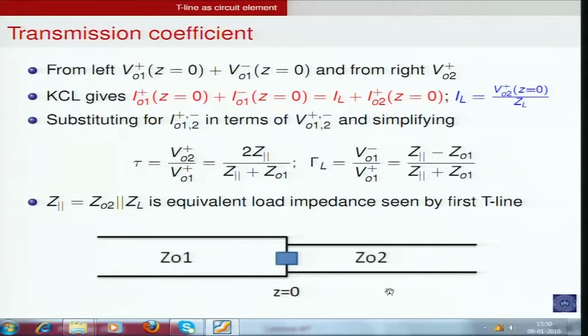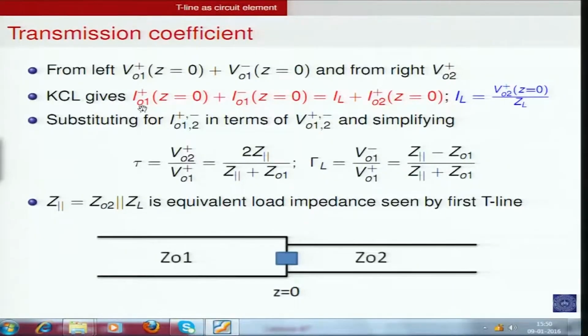Also note that the load current IL is given by V02 plus divided by ZL, which is correct because V02 plus is the voltage on the second transmission line, but that voltage at z equal to 0 is precisely the voltage across the load impedance. In fact that is also equal to V01 plus plus V01 minus, but this one will give us an easier answer. So I am writing IL as V02 plus by ZL at z equal to 0. So I hope that you guys are convinced about these equations.